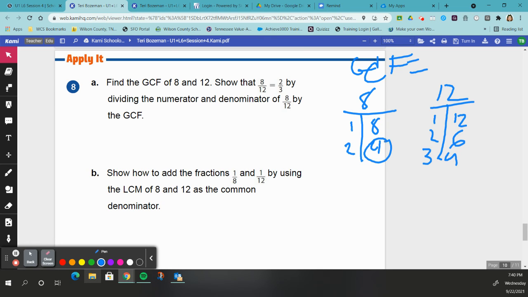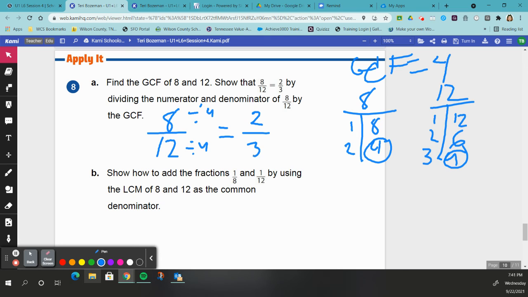The greatest common factor there is 4. So I can then say that if I have 8/12 and I divide by 4 on the top and divide by 4 on the bottom, 8 divided by 4 is 2, 12 divided by 4 is 3. So that's what it was wanting you to do on A.